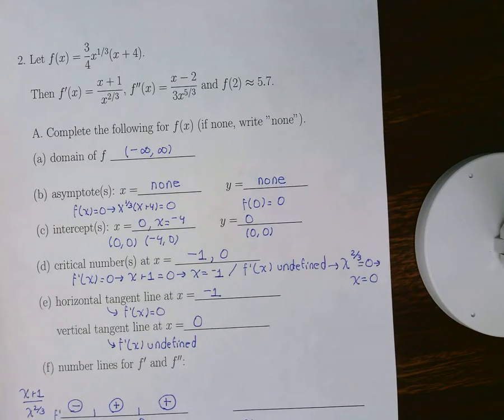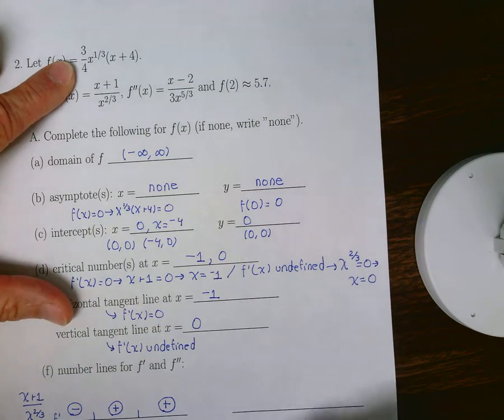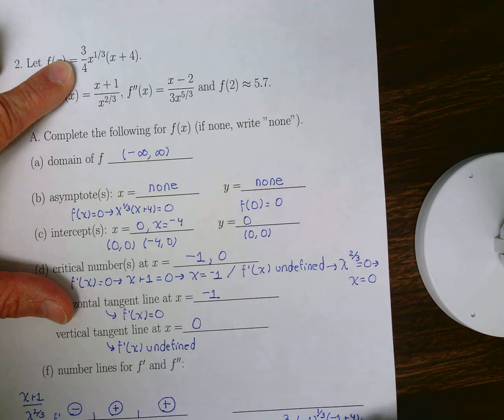I go back to the original function, so that's 3/4 times (-1) to the 1/3 times (-1 plus 4), which is 3/4 times -1 times 3, so it's -9/4. Which is what? -2 1/4.